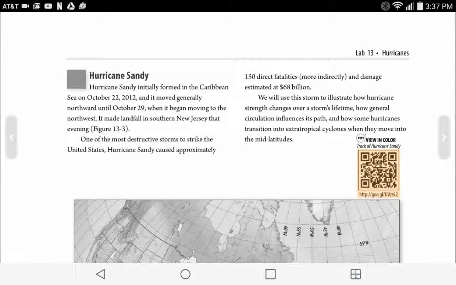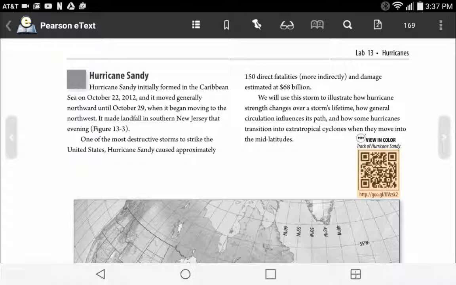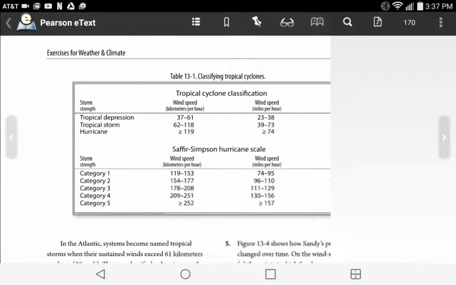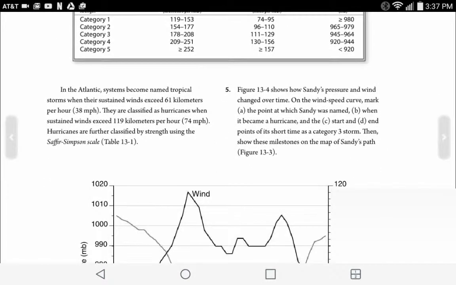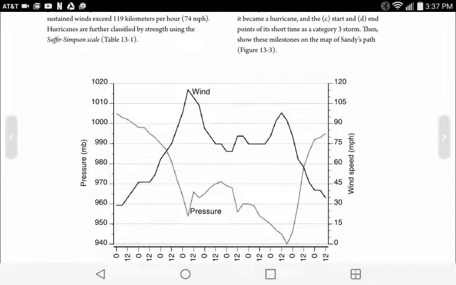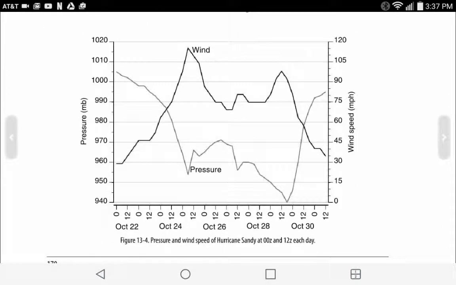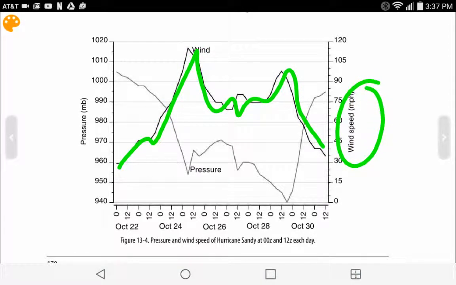Now, the book then goes into a section about Hurricane Sandy. Some of the things that it shows are way more complicated than we need them to be. For example, this plot's no big deal. We have basically a track over the course of, I don't know, a 4-day or 5-day period. We have what the winds were. And the winds here are this curve, and they apply to this axis right here.